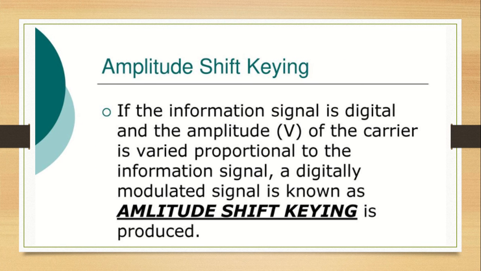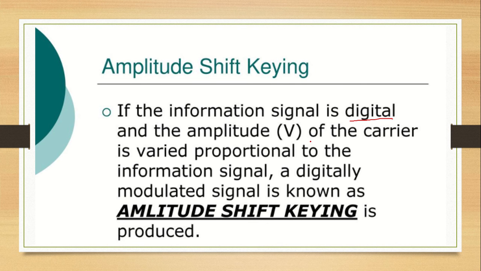So amplitude shift keying, what is this? If the information signal is digital and the amplitude V of the carrier is varied proportional to the information signal, a digitally modulated signal is known as amplitude shift keying. Remember, the information signal is digital, meaning in terms of pulses, maybe 0 or 1.